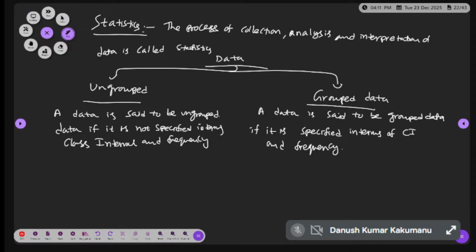So, for grouped data, if you take just one example, this is for data science students, well known, no? All having some data.